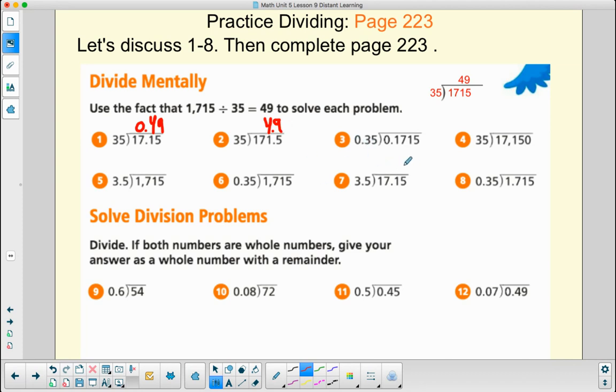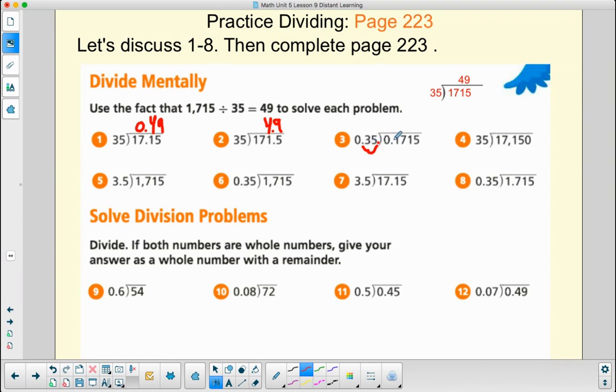Now, in number 3, we're dividing by 35/100ths. Well, I've learned I don't want to divide by a decimal. I'm going to make this a whole number by multiplying it by 100, or shifting the 3 and the 5 two digits left, or basically shifting the decimal two places to the right.